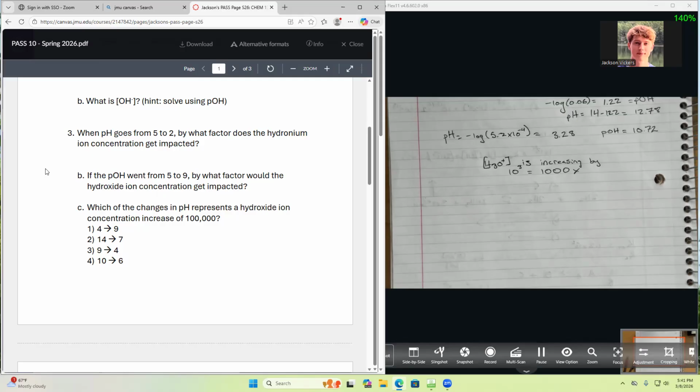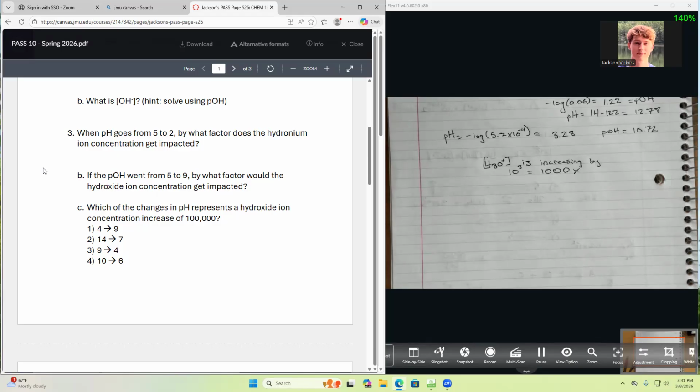See if you can figure this answer out, though. So are we getting more acidic or more basic? We're getting more acidic on this one.